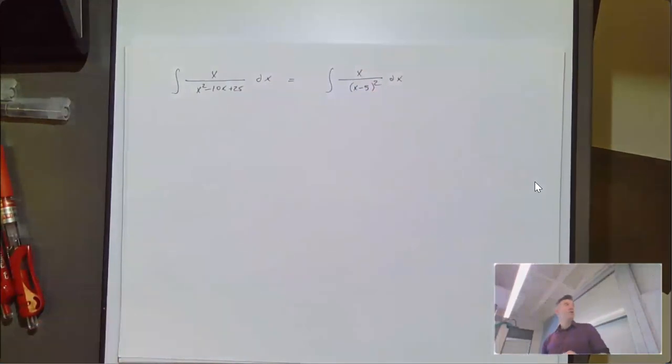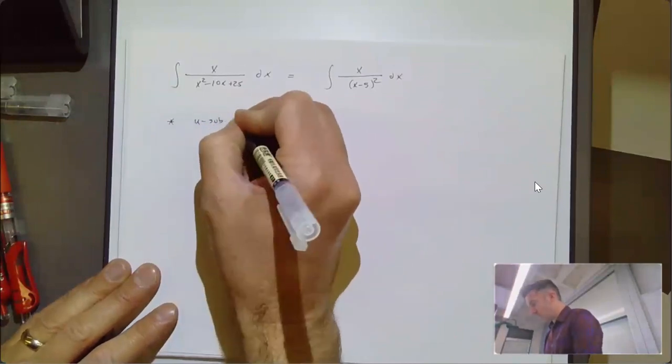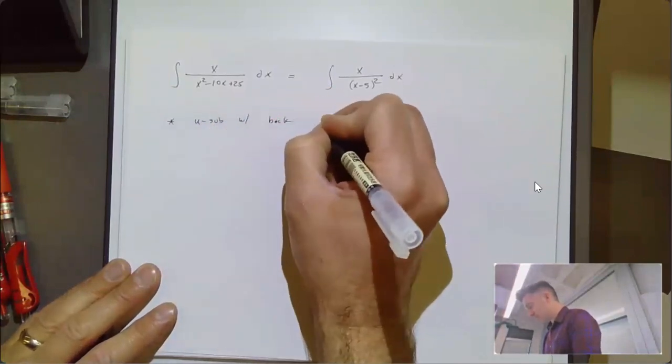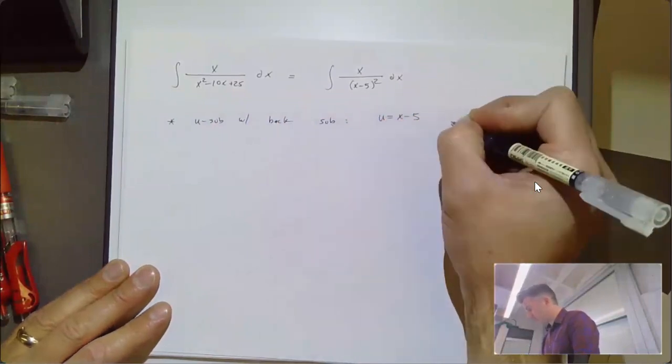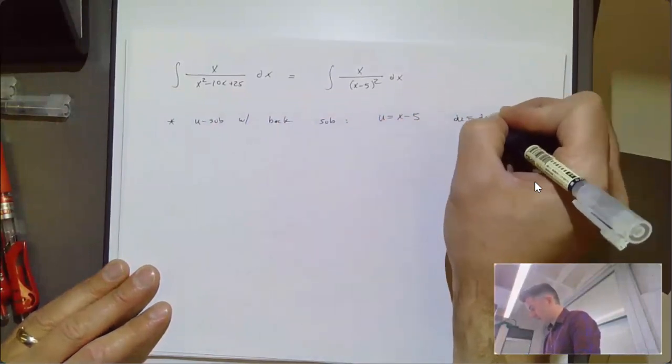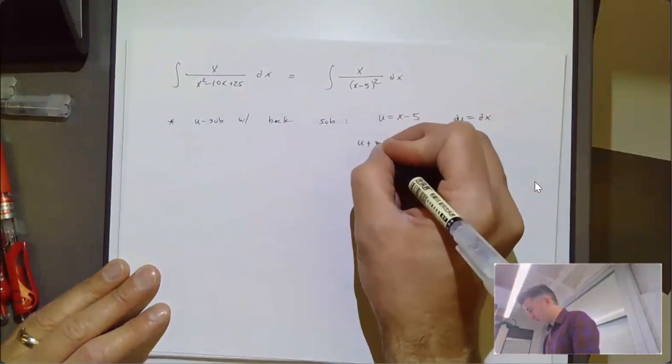I could use partial fractions here, but I could also do a u sub with a back sub. So one option here is u sub with back sub. We would let u equal x minus 5. Our du would equal dx, and then solving this for x, x equals u plus 5.